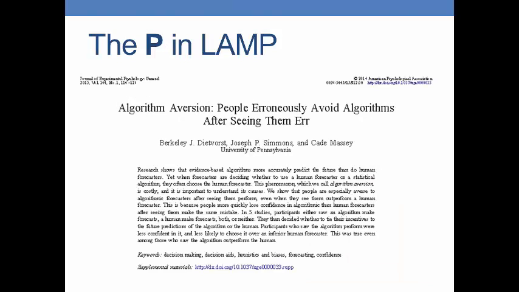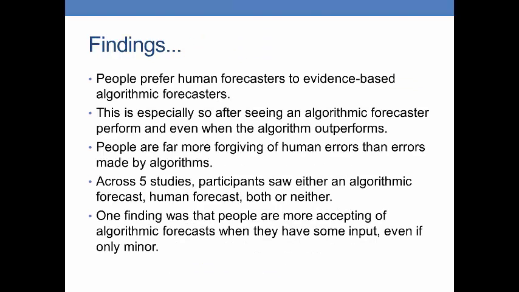Okay, lastly, as we're finishing up the unit very soon, I wanted to refer you to an article about algorithm aversion. So this is an excellent read, and it's really a message around the process in terms of the LAMP model. So here are the main findings on the slide for this particular article. Overall, what this article is saying is that even though algorithms outperform human forecasters, people prefer human forecasters.